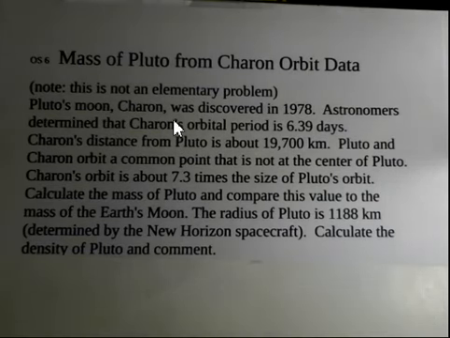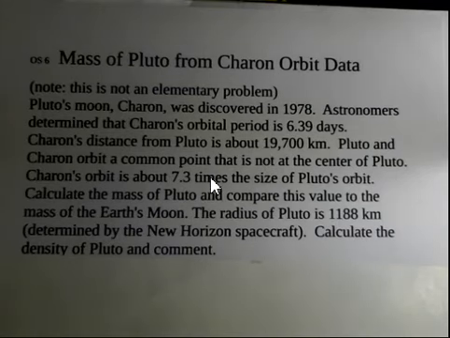This moon Charon was discovered in 1978, and the orbital period is 6.39 days. Point of trivia, Pluto also rotates once every 6.39 days, so it's sort of a double tidal lock. The measured distance from Charon to Pluto is 19,700 kilometers.